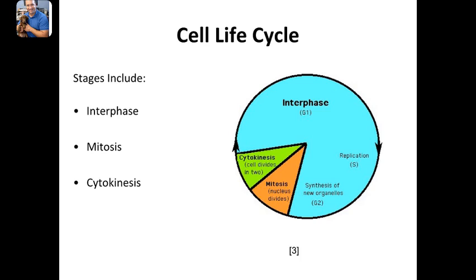And then when the cell decides it is going to split, it neatly divides its nuclear material or its chromosomes, its DNA, the instructions for making of everything in the cell, and the synthesis of proteins, right? And then one cell is made into two, and that's cytokinesis.